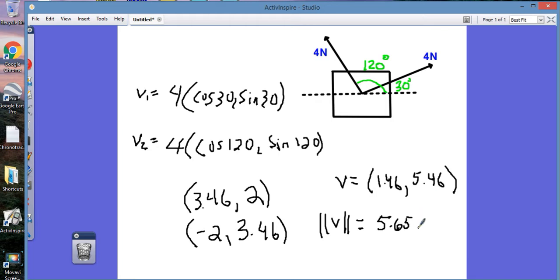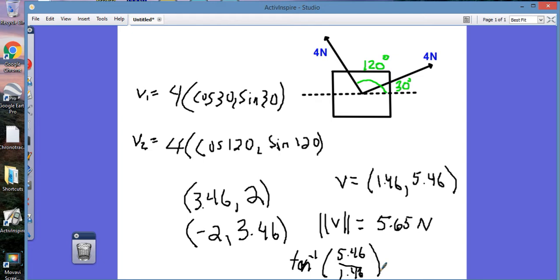And remember, our units were newtons, so we expected this new force to be larger than the individual forces. Now we need a direction. We need to know what direction this is going in. So remember, if you've got an x and a y, you're going to do inverse tan: the arctangent of y over x, which is 5.46 divided by 1.46.